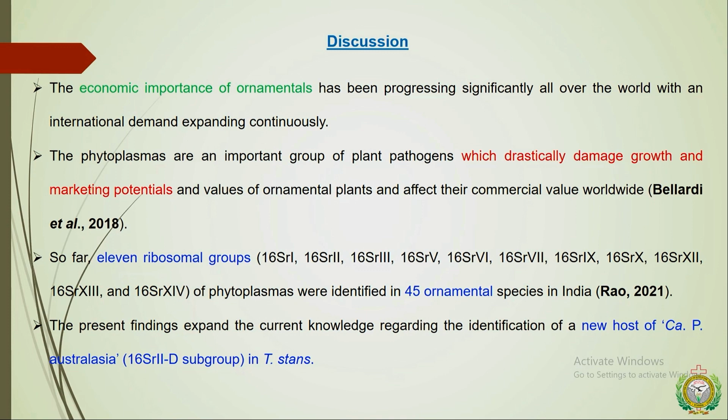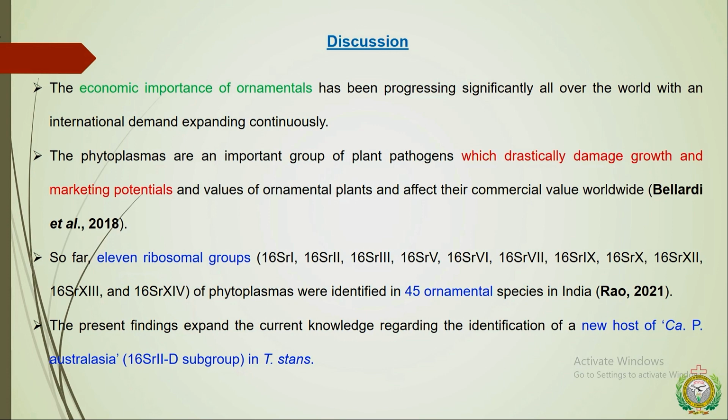So it is quite prevalent. The potential vectors, especially Hishimonus, Orosius, Exitianus, and Amrasca, have been reported in this area as natural hosts for the II-D group.